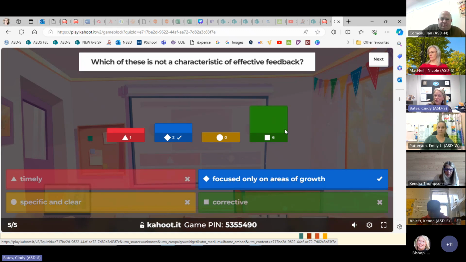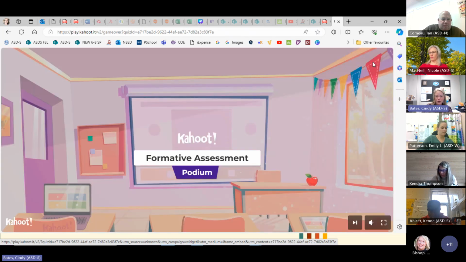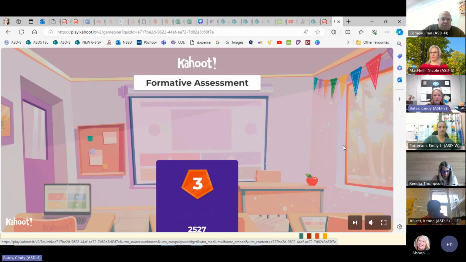The answer is focused only on areas of growth. Corrective sounds like a negative thing, however, when you're giving feedback, you do need to correct errors. And we want to focus not just on areas of growth, but also areas of strength. Only 2 people got that one right, but that's good. It's about learning.